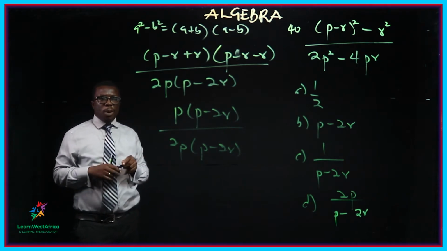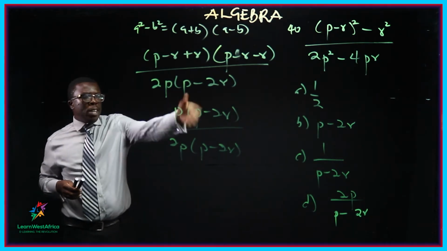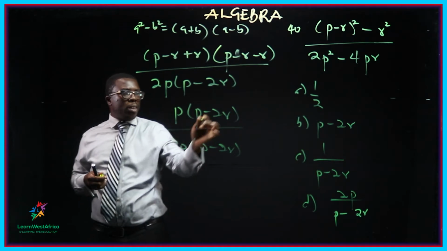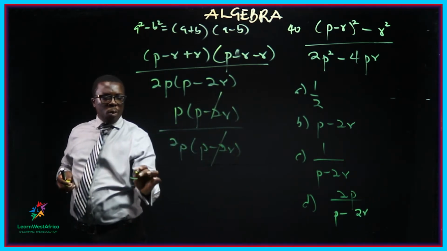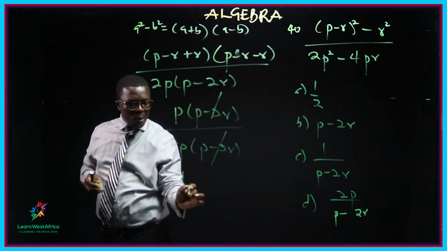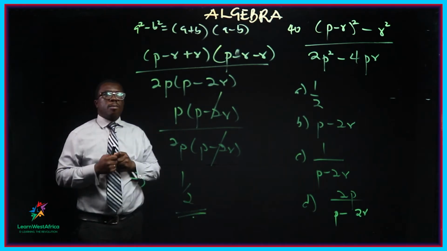Since it is division, this will cancel that, and p over 2p gives you 1 over 2. Simple.